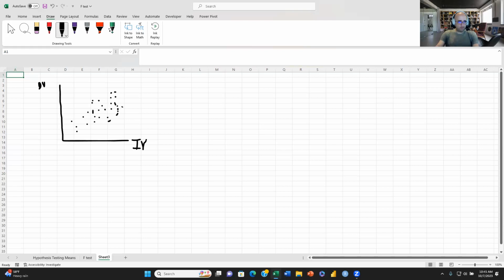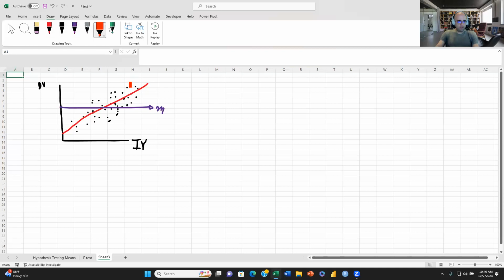That's what all these dots are for. You can draw a line of best fit through them. I'll do that right now. You can also draw the mean of the dependent variable. This is the mean of the dependent variable. In this chart, what I want you to see is that there are two forms of variances here.